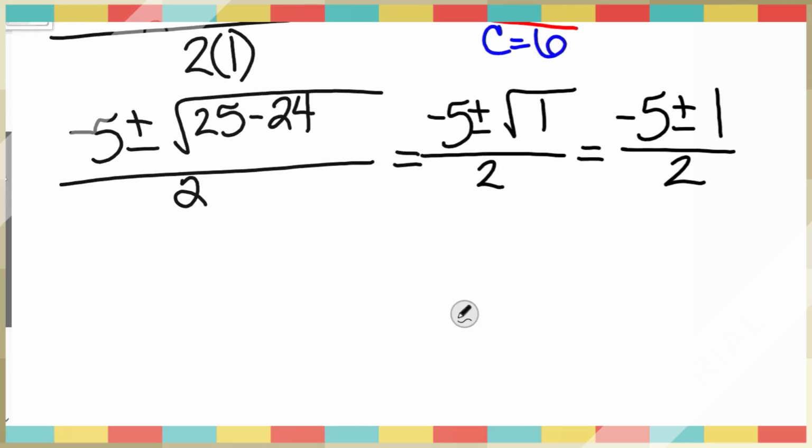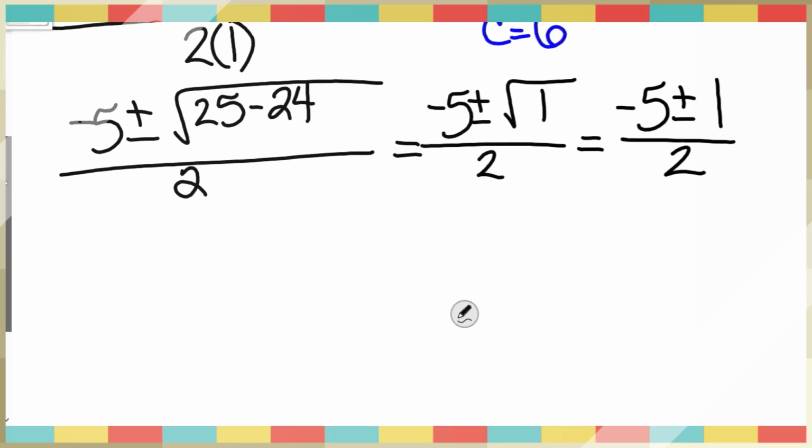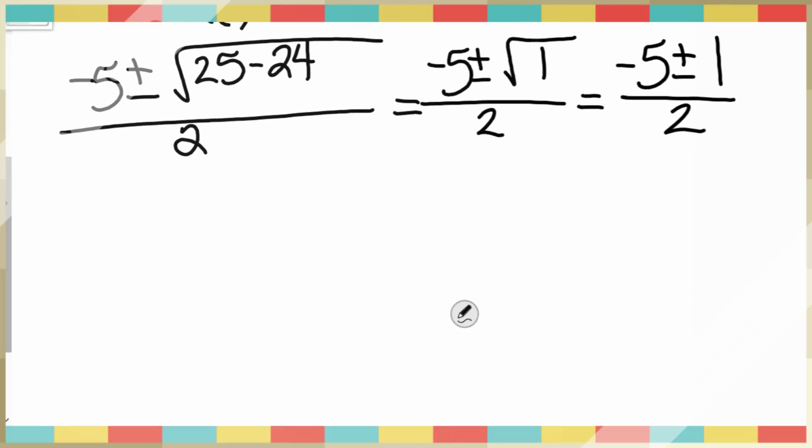So now that we have the square root taken care of and we're down to just regular numbers that we like to deal with, we're going to take it apart and solve that individually because we should get 2 answers. So that becomes negative 5 plus 1 over 2, and then negative 5 minus 1 over 2.